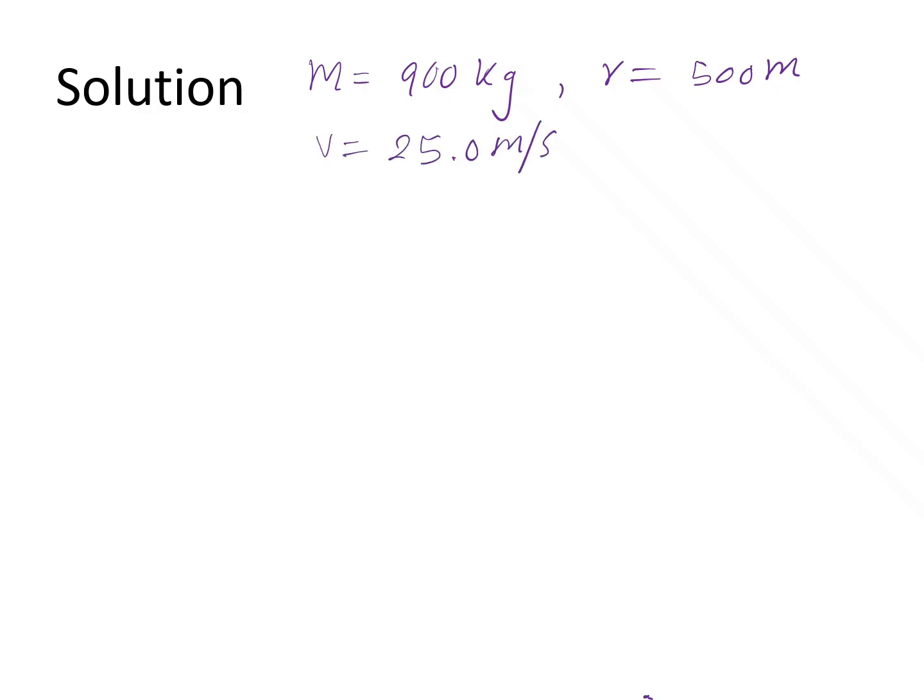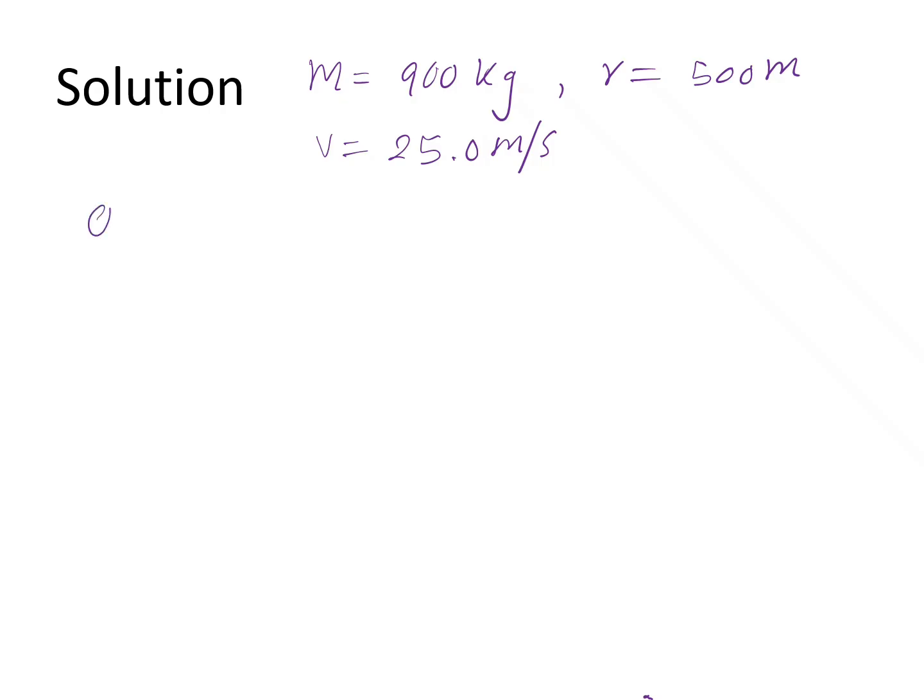Now let us calculate the centripetal force and then solve for the minimum coefficient of static friction. First, let's write down the given values. m is 900 kilograms, the radius of the curve is 500 meters, and the speed is 25 meters per second.